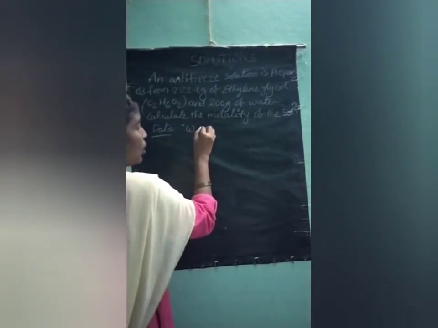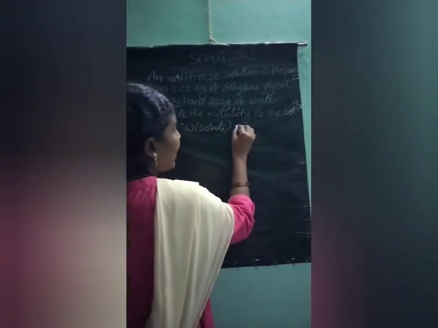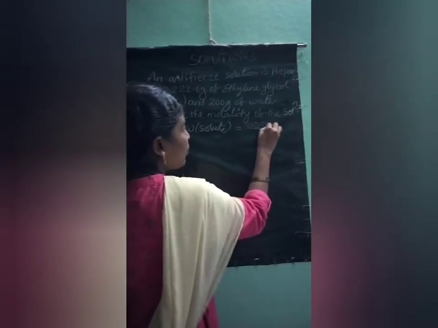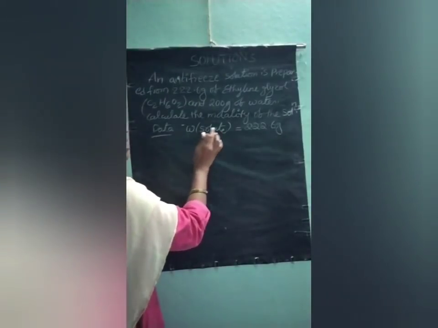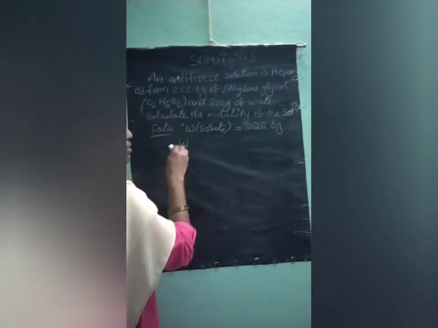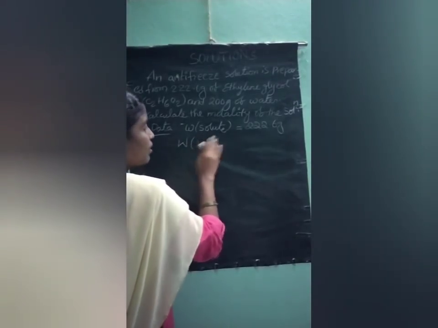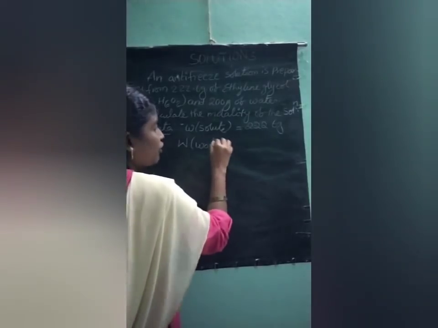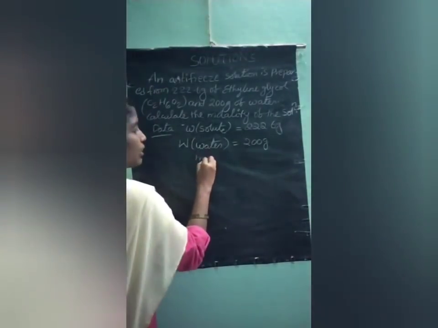So the data: weight of the solute, that is ethylene glycol weight, is 222.6 grams, and capital W, the weight of the solvent, that is water's weight, is 200 grams, and calculate the molality. This is the data given in the problem.